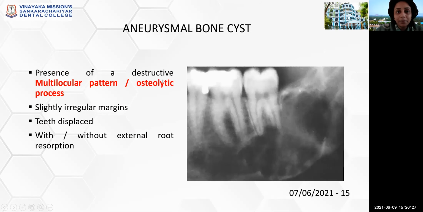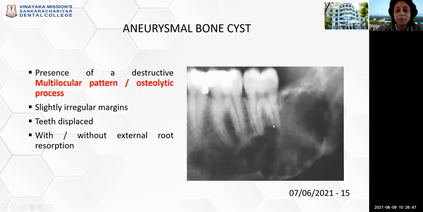Another example which is similar to a periapical radiolucency is the aneurysmal bone cyst. An aneurysmal bone cyst is a developmental, hematological disorder, but still it is considered here because it gives a radiolucent appearance beneath the periapical region.